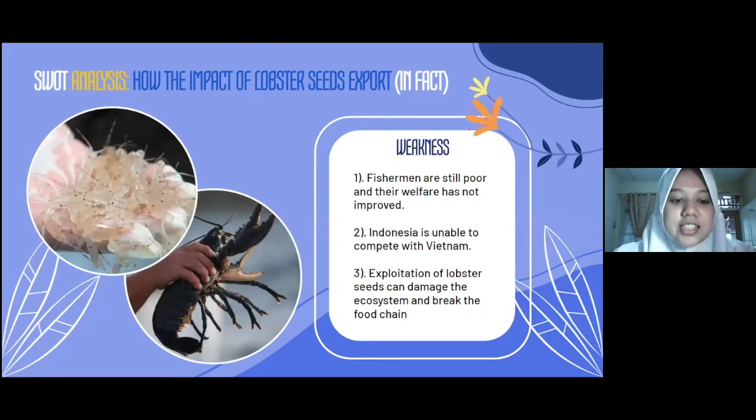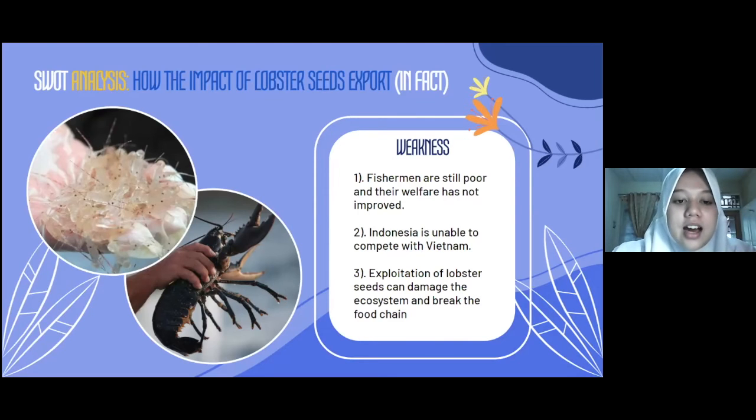Okay, so this is the weakness. And there are several weaknesses in the statement by Edi Prabowo regarding the lobster seed export policy. So first, fishermen are still poor and their welfare has not improved. This is because the catch of the lobster seed fishermen is usually priced cheaply by the exporter. So in this case, only the exporters make a profit and the fishermen are still poor.